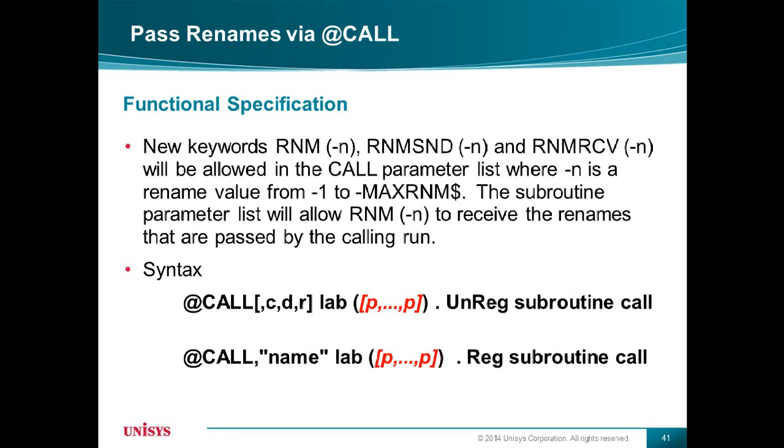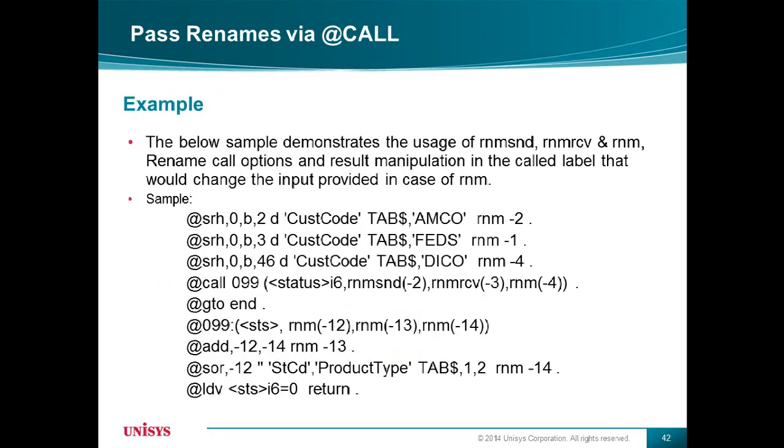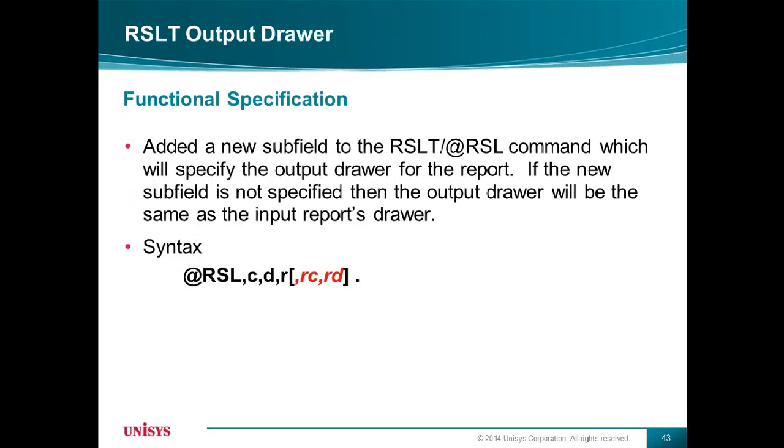Note, all this functionality is not applicable for JavaScript right now. The next slide shows a sample of the way we can use RNM, RNM receive, and RNM send options. With that, I'll go to the next enhancement, the result output drawer.